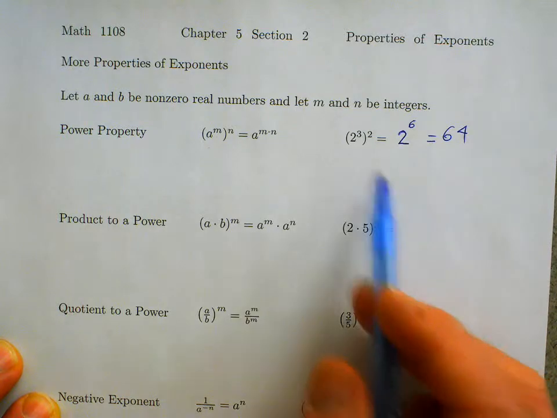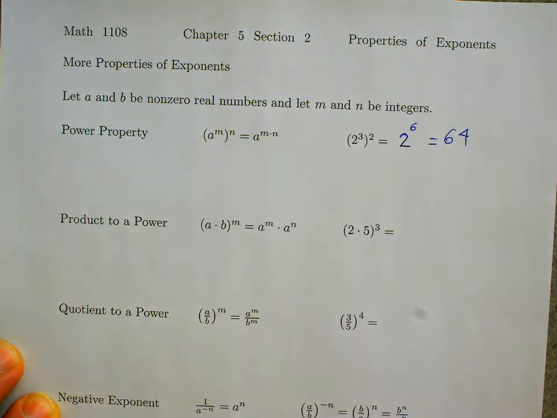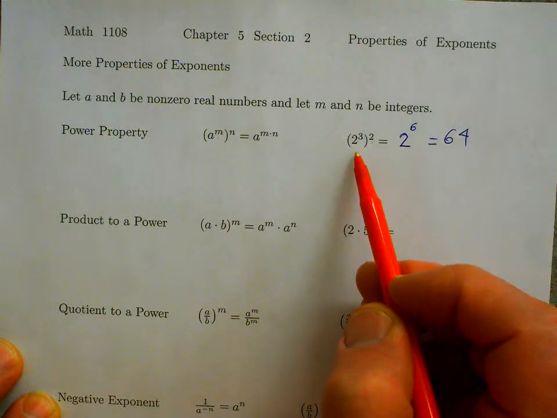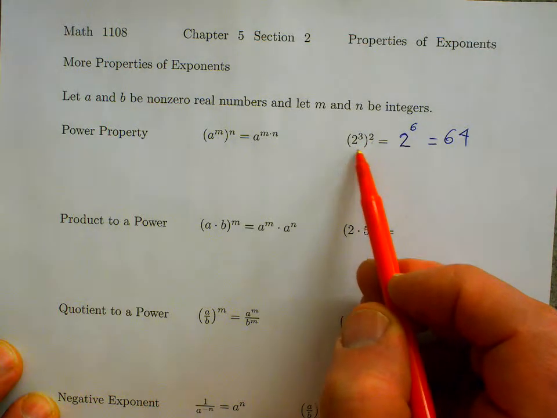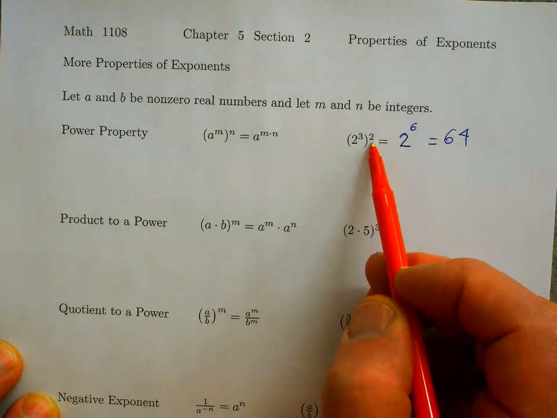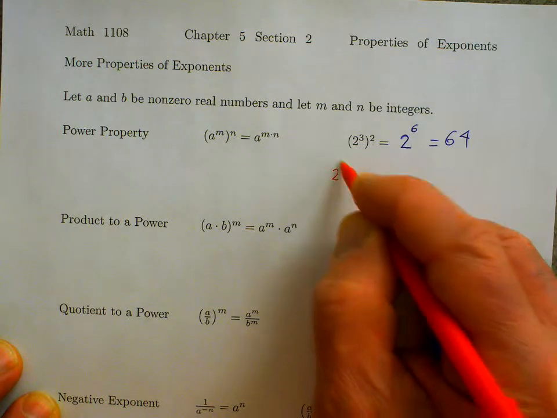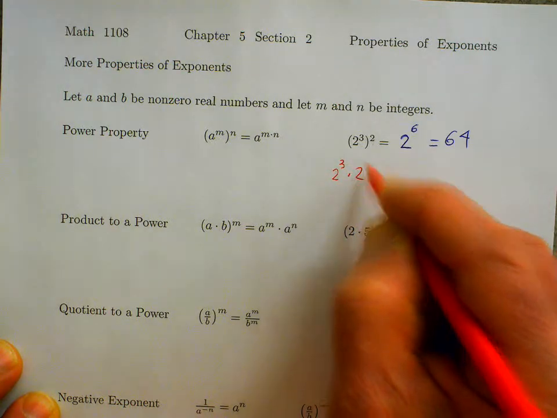Okay, another way to look at that, if you have something squared, or something to the second power, so here we have 2 to the third, which is raised to the second power. That just means 2 to the third times 2 to the third.